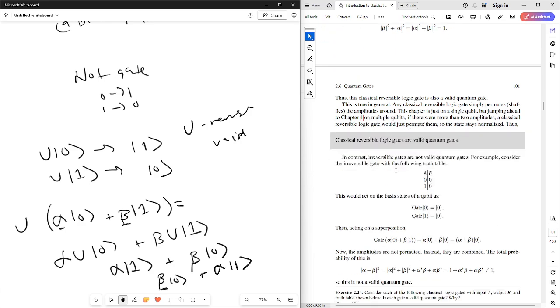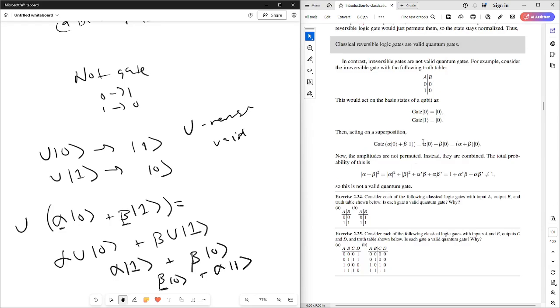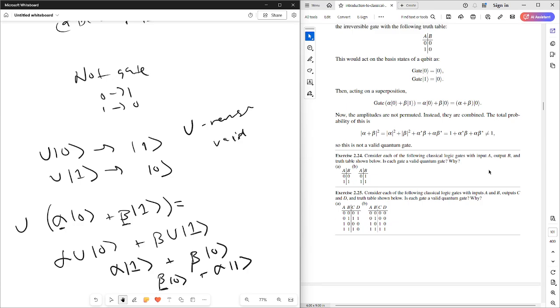So we can see, for example, we have this gate that's irreversible. So this is an always 0 gate, and it is no longer normalized after we apply the gate, because we wind up with alpha plus beta state 0, which does not equate to 1.